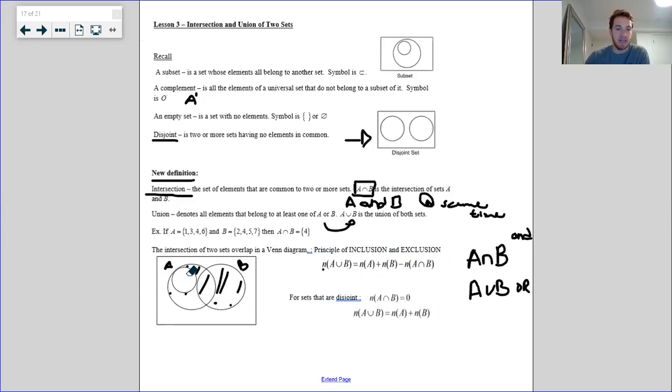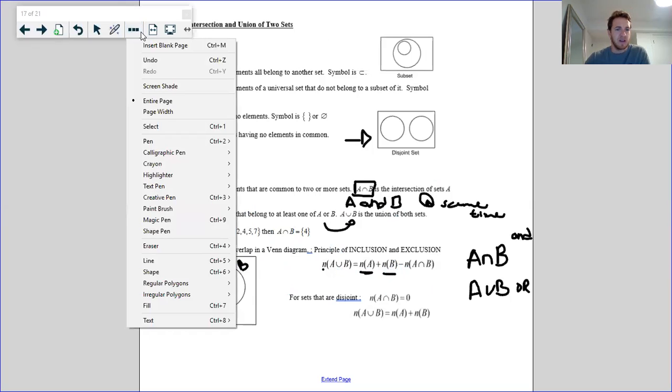Now, if we're counting everything, let's follow that formula. And so the number in A is going to be all of A. Okay, plus the number in B. So that will be all of B. I'm going to pick a different color here. Pen red.